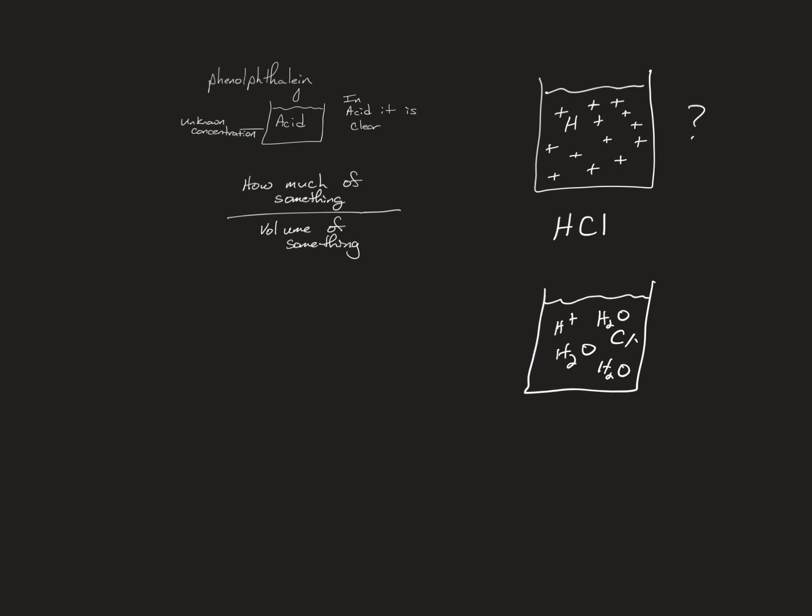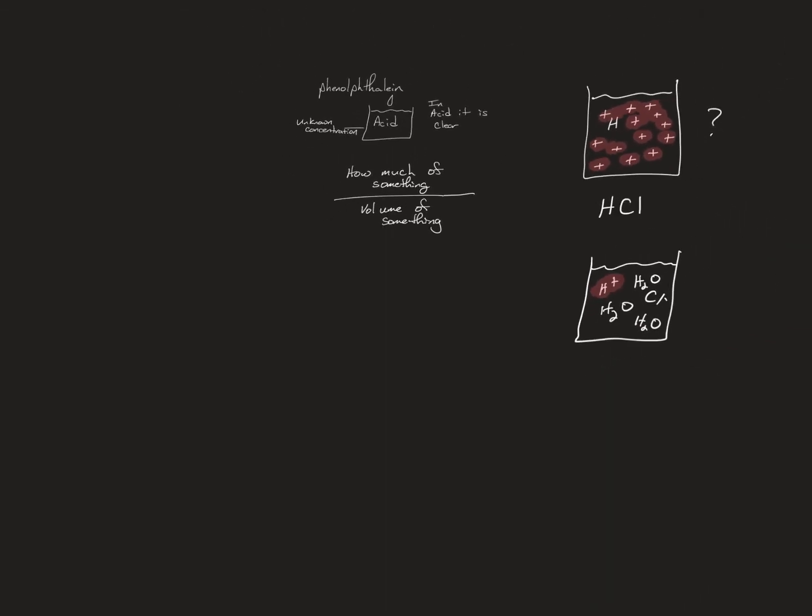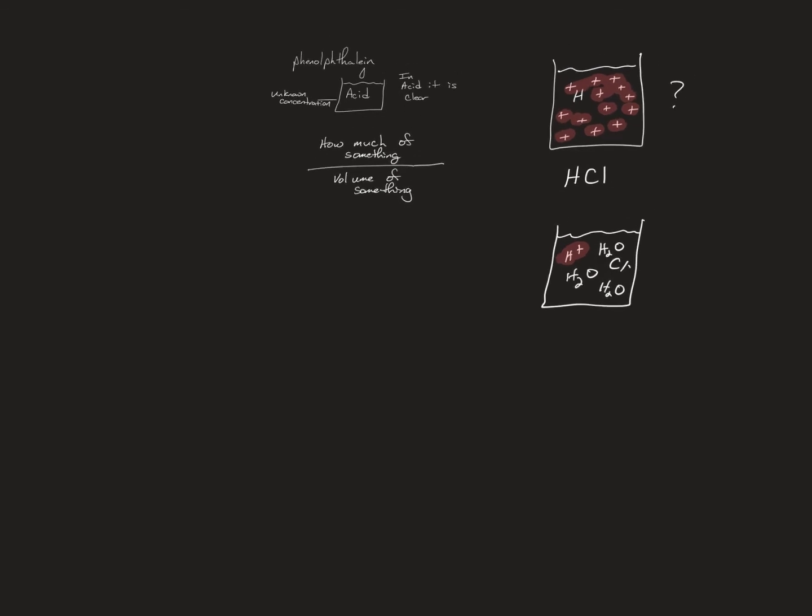So that's what's in there, but you want to know how much of this is in there. I don't know how much it is. And there's a lot. I know there's a lot of them. They're molecules, so there's a lot in a glass of water or a beaker of water. So we use this number.